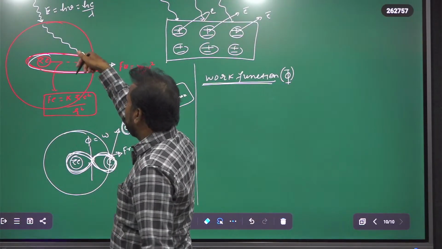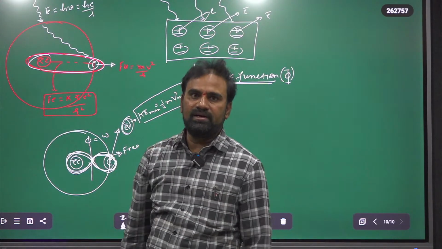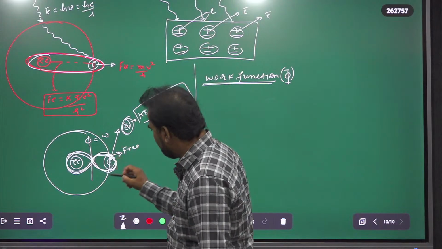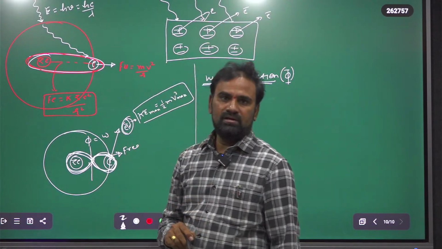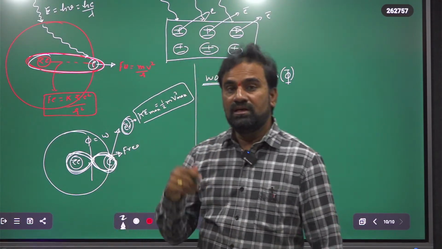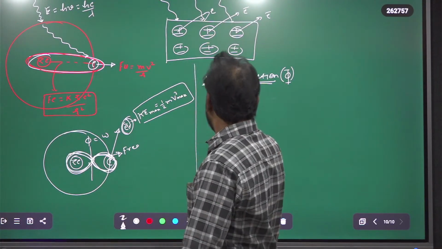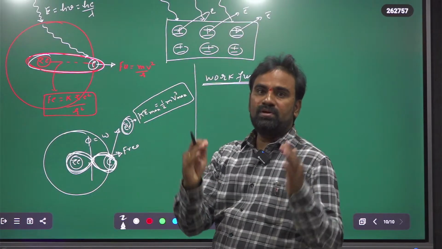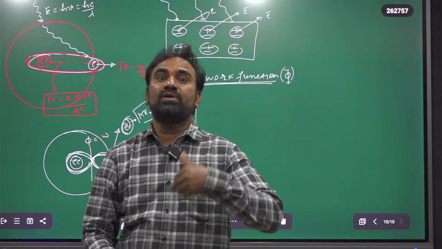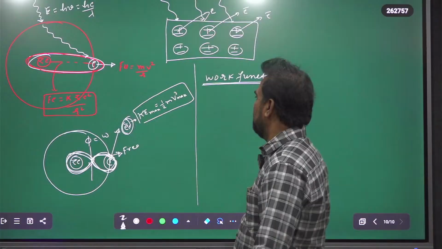When the electron cannot break the bond, it cannot be emitted. When it breaks the bond, then it is emitted. Is it clear? So for this purpose it has to do some amount of work. That work is called a work function.